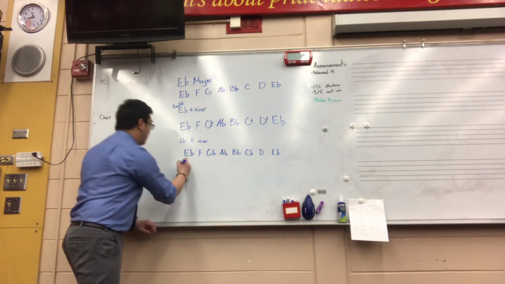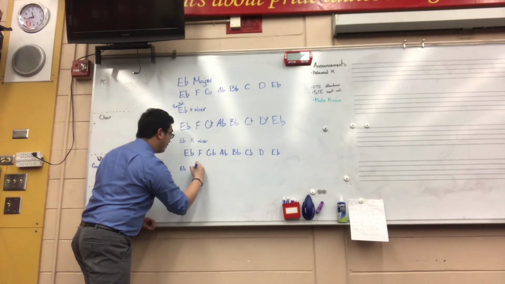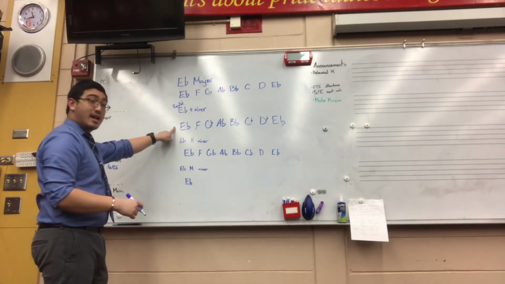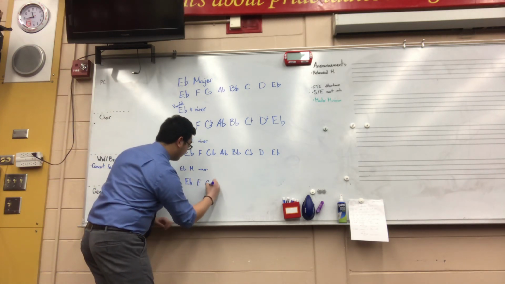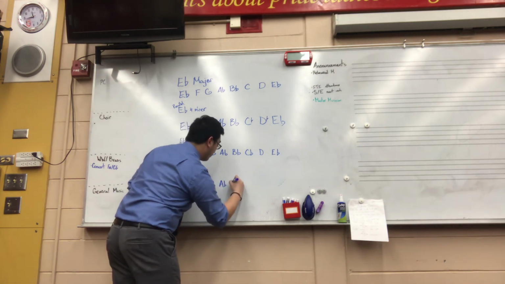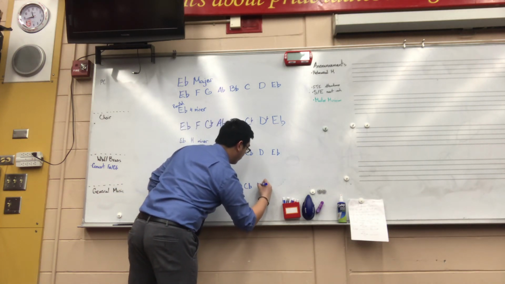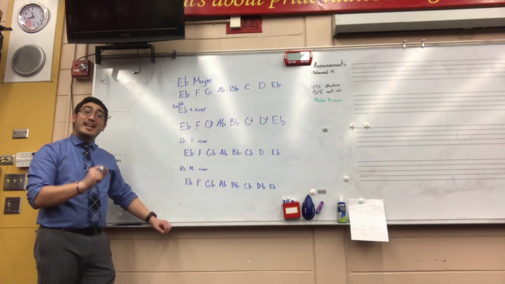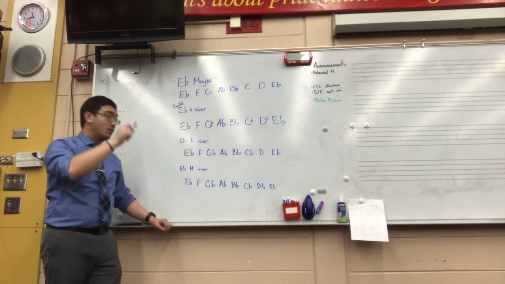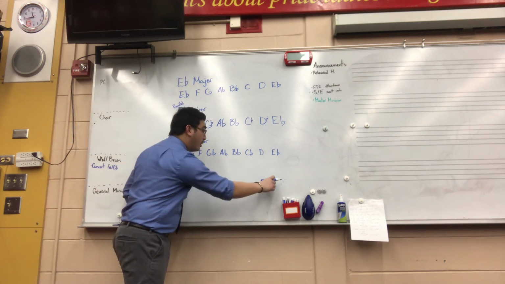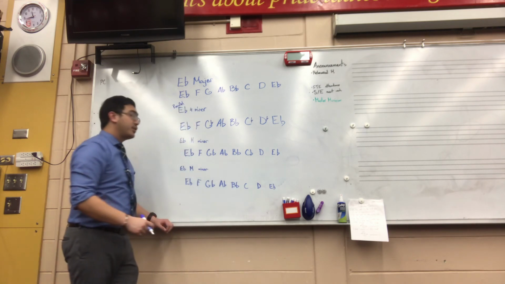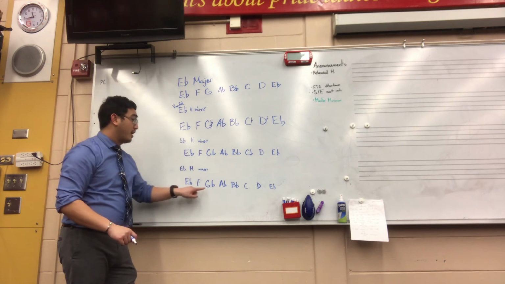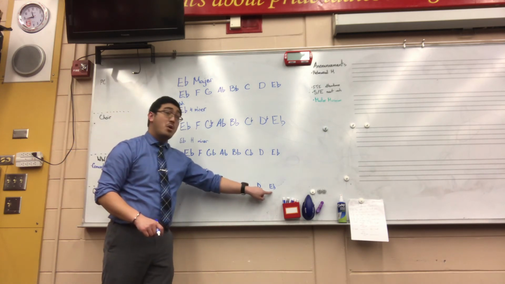Here's the melodic minor. Again, copy the natural minor. Here we're going to raise scale degrees 6 and 7 ascending, or on the way up. C flat becomes C natural, D flat becomes D natural. So your ascending portion of the E flat melodic minor scale, do, re, mi, fa, sol, la, ti, do.